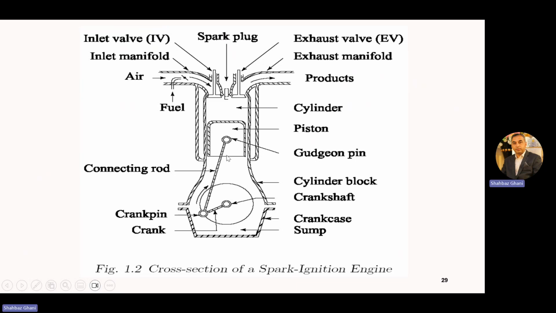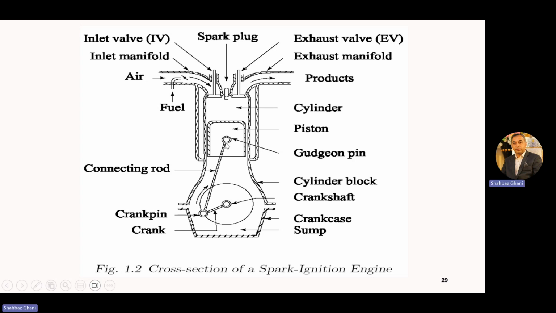You have this cylinder block here. These are the water channels. Okay. Here you have this piston. Around the piston, here you have compression rings. Here you have oil rings. And this is known as gudgeon pin or piston pin. Okay.